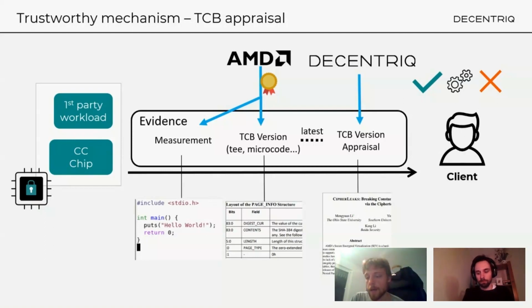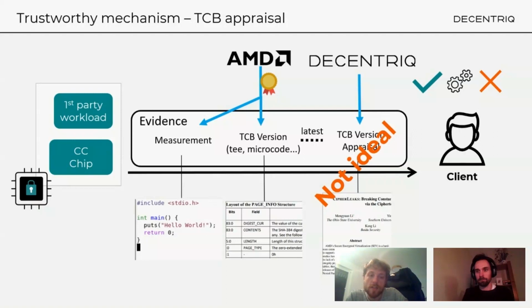But obviously this is not ideal. It is transparent in the code, so our customers can look at these numbers, but they also don't have enough information to actually evaluate what these numbers mean. So this is something that's simply missing from the SNP attestation evidence currently.